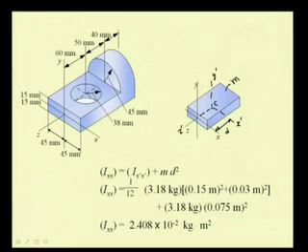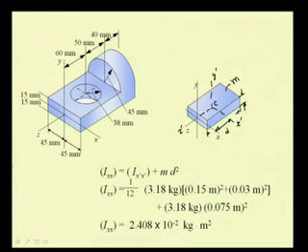For this prism, we know the second moment with respect to the centroidal axis as 1 by 12 mass times this dimension square plus this dimension square.